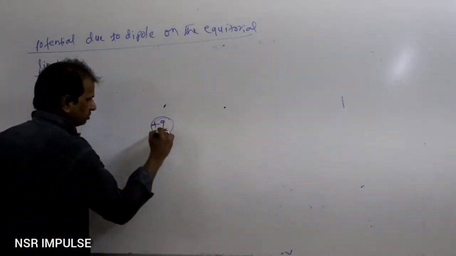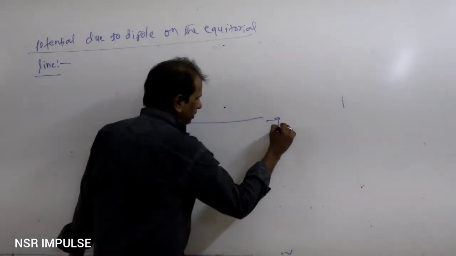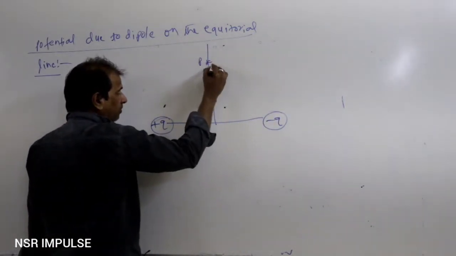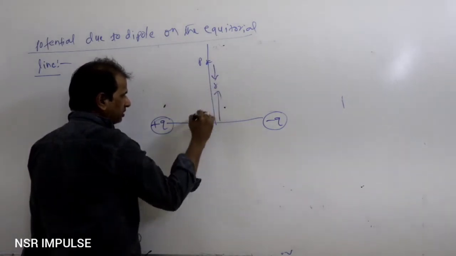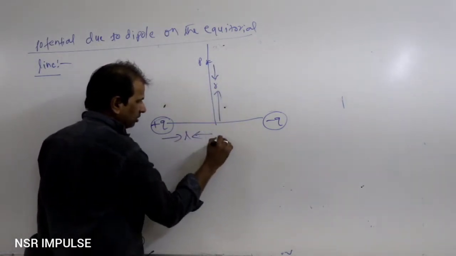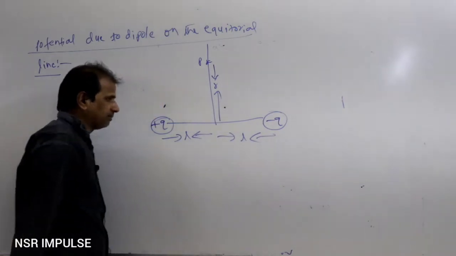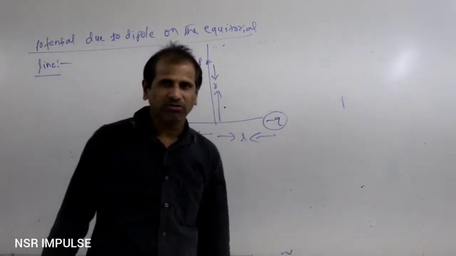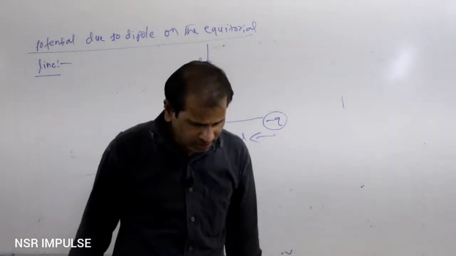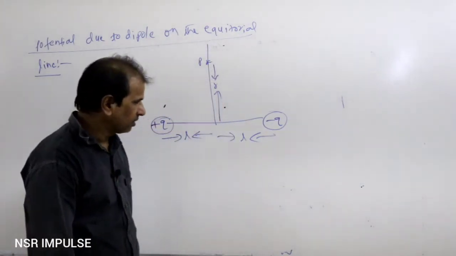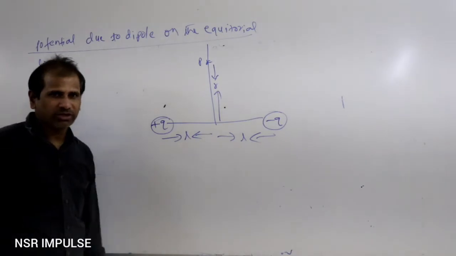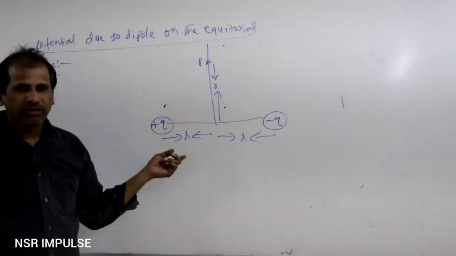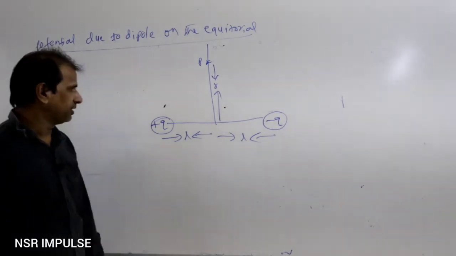This is the positive charge, it is the negative charge and it is the point P. This distance is r and it is L and L. You know, the line which is drawn perpendicular to the axial line of the dipole is called the equatorial line. What is this line? Equatorial line. What are we going to find on the equatorial line? Potential we are finding.